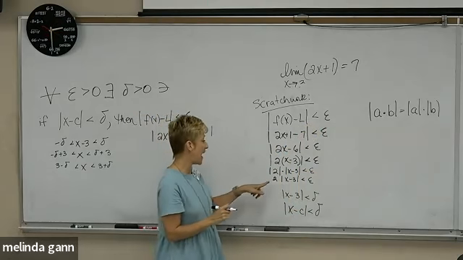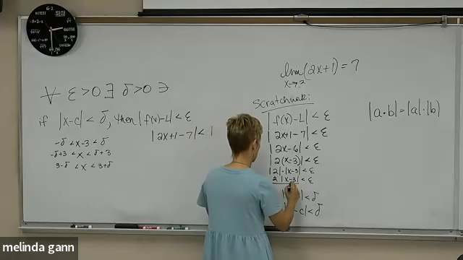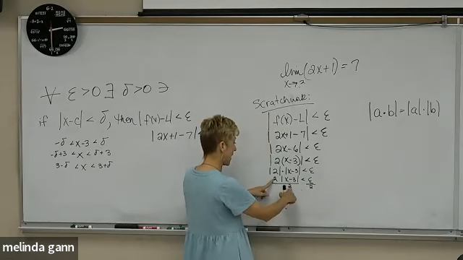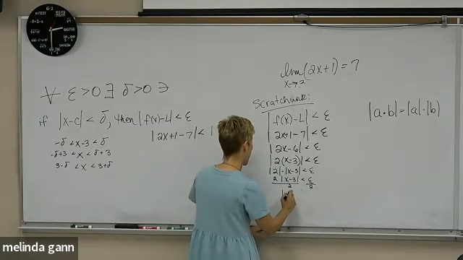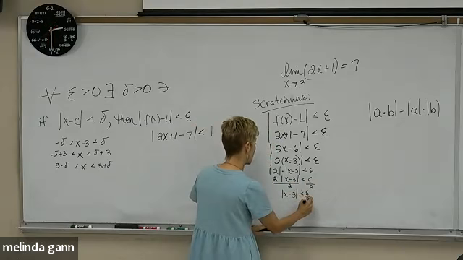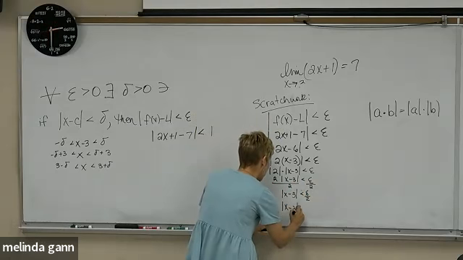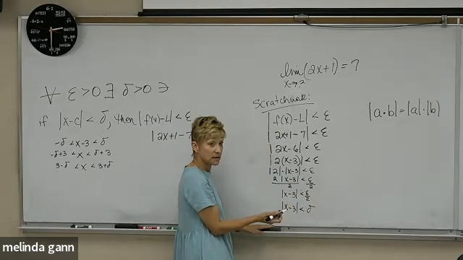Now, can you divide both of these by 2? I'm out of room, so let me write a little bit smaller down here. What happens right here to those 2's? They go out. So I've got the absolute value of x minus 3 is less than what? Everybody okay? Now, remember what went under it? Correct?